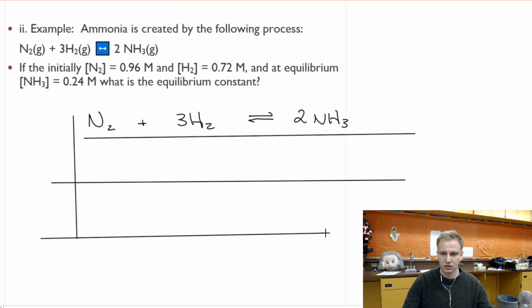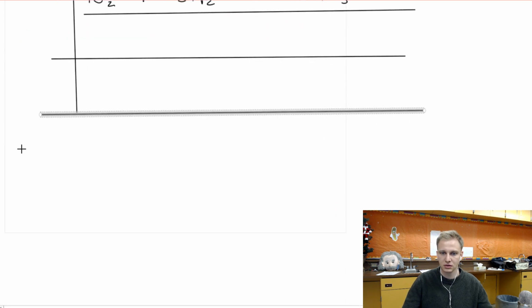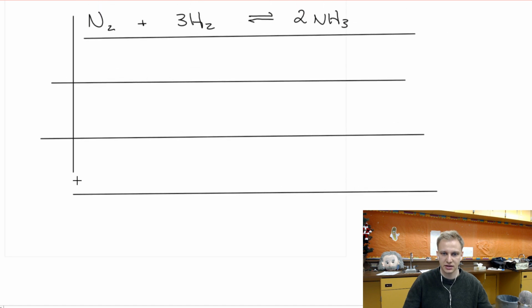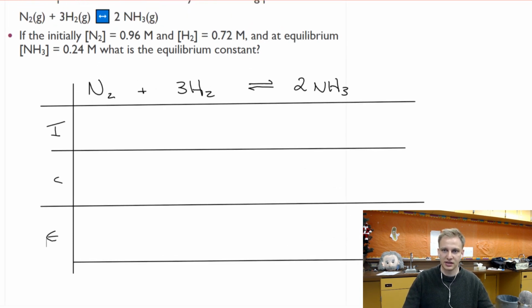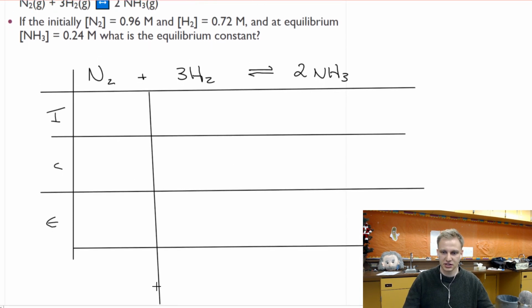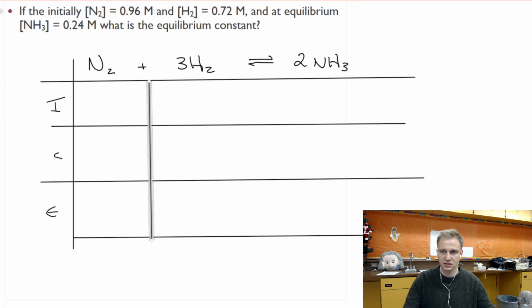Column 1, column 2, column 3, like such. And then let's extend this line down a bit more like that. Let's extend this line a bit more like that. All right. So we're going to have our icebox here with I, C, and E, just like this. And we're going to break these all up into little sections like this.